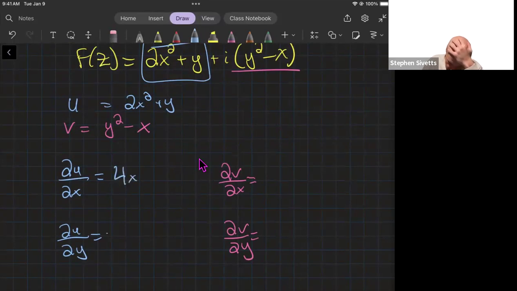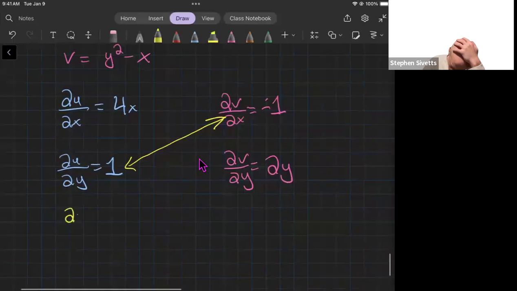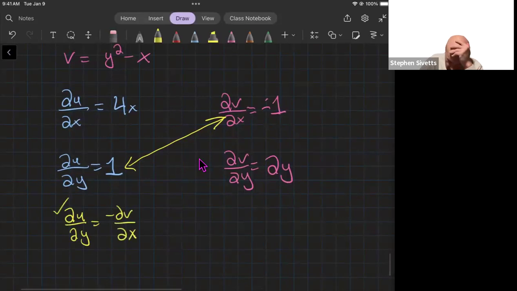Partial u with respect to y is 1. Partial v with respect to x is minus 1. And the partial of v with respect to y is 2y. As you notice, one set of equations is true: the partial of u with respect to y is equal to minus the partial of v with respect to x. So that's good to go.